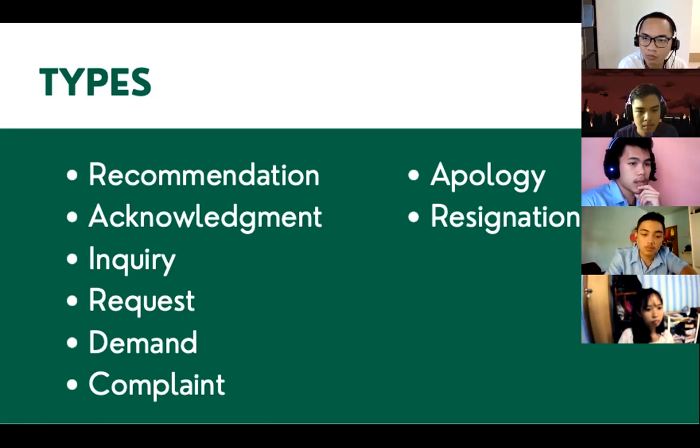Dapat ba may existing obligation ka before a demand letter can be written? Yes or no? Yes. Correct. So I cannot write a demand letter without an existing obligation. Yes or no? On the contrary, no.